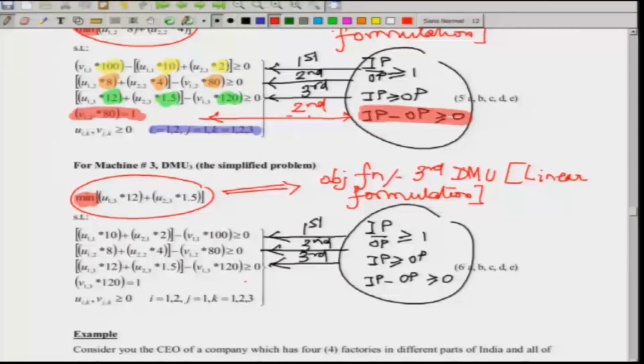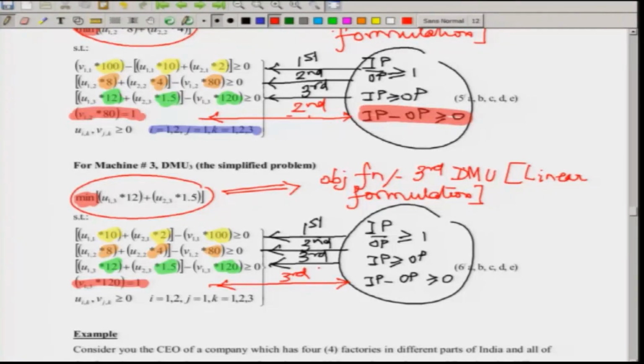Similarly, the color scheme is yellow for the first, then orange for the second, first, second meaning the DMU, green being for the third, and this color of red is basically the added constraint which is coming corresponding to the fact that is coming for the third DMU.